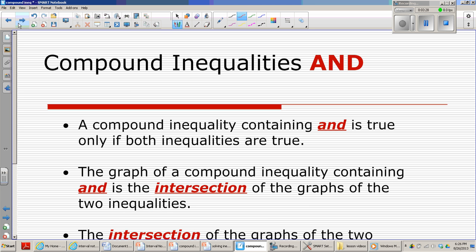More on compound inequalities with the word "and." When you have the "and" between them, remember that we're only looking at where both are true, so that's the overlapping or the intersection part.